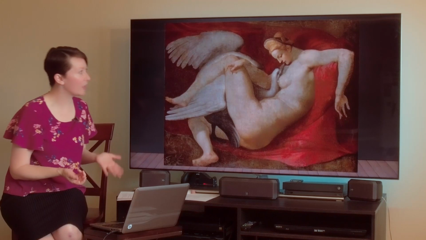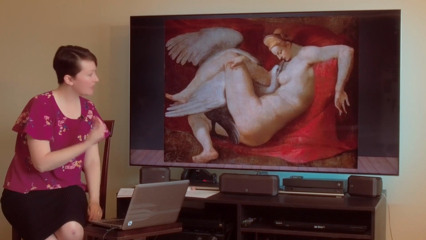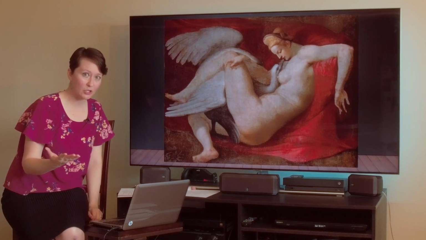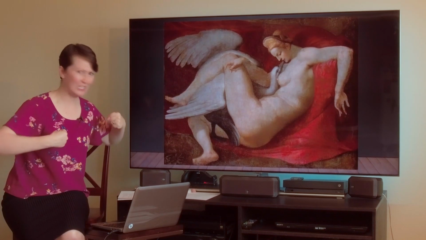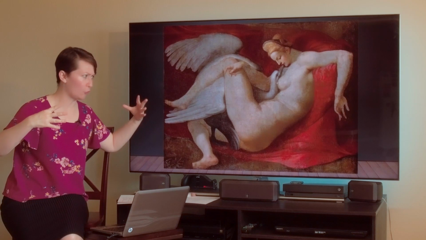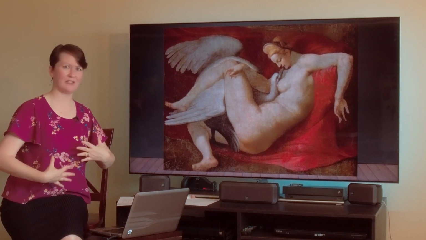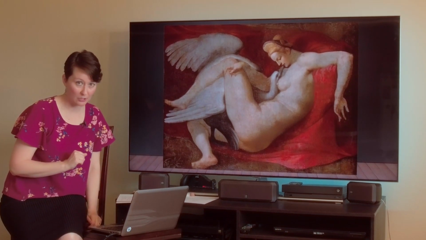Here is yet another depiction of that story, Leda and the Swan. This is after Michelangelo. How do we know it's Michelangelo? If you see figures, male or female, that look really jacked, like they not only do CrossFit, but they like power lift with just genitalia stuck on like an afterthought, that's how you know it's Michelangelo.